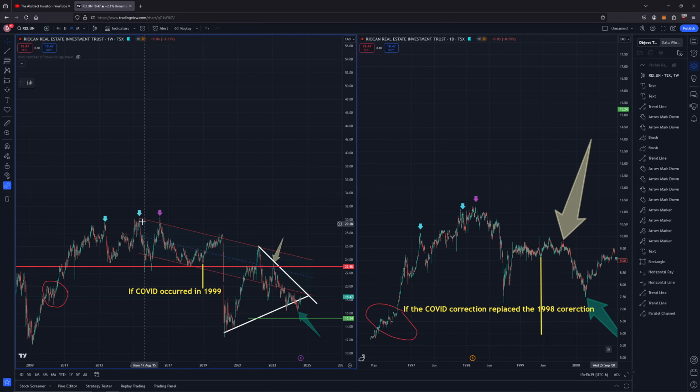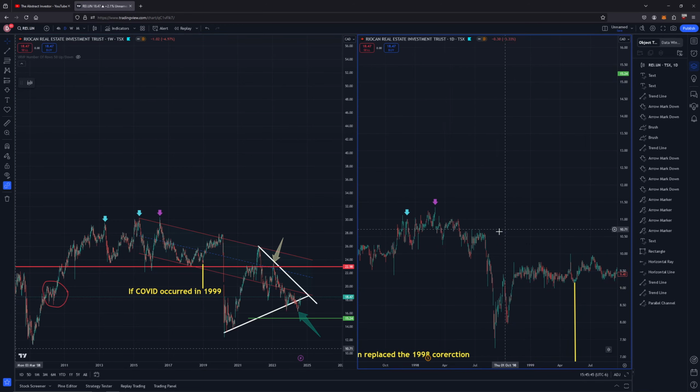And then after that, we have a little bit of chop in the chart between December of 1997.